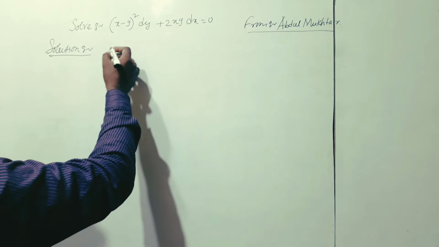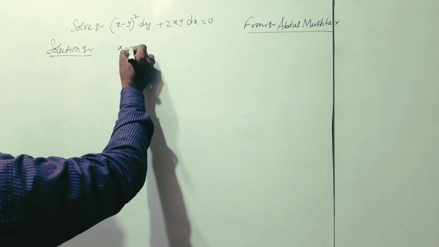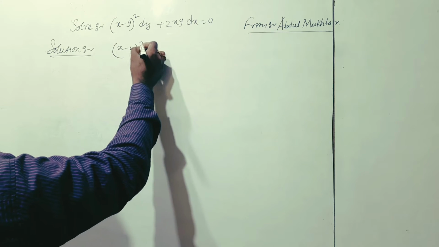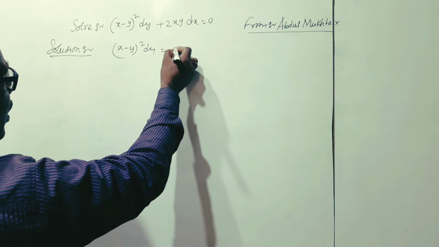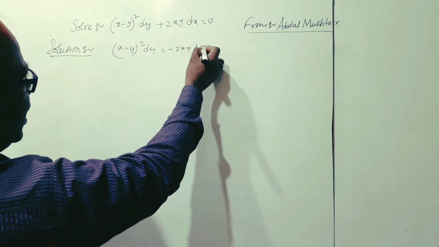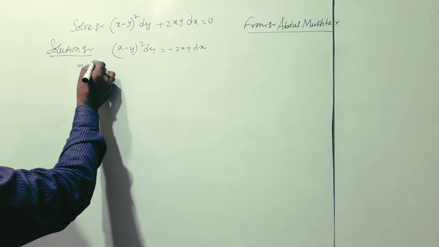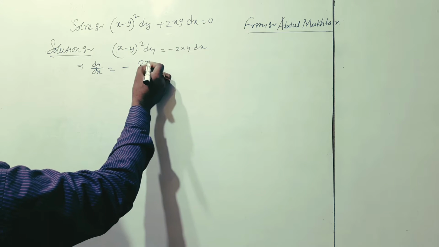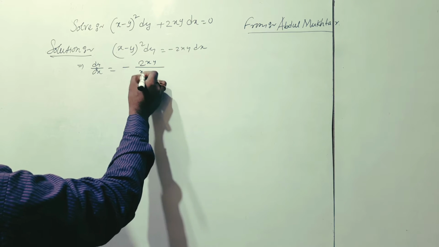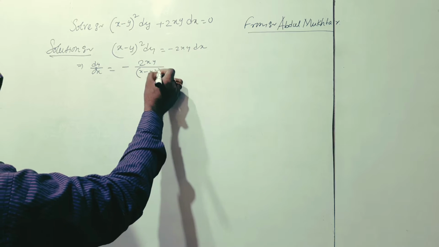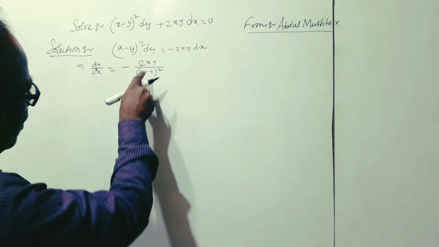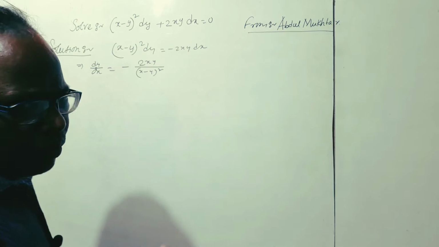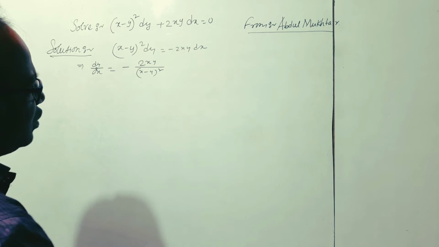So first, dy by dx equals minus twice xy over x minus y whole square. Again, see the degree of xy is 2, and the degree of the denominator is also 2.